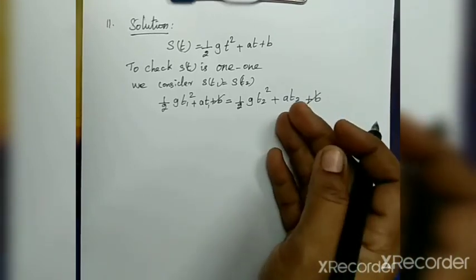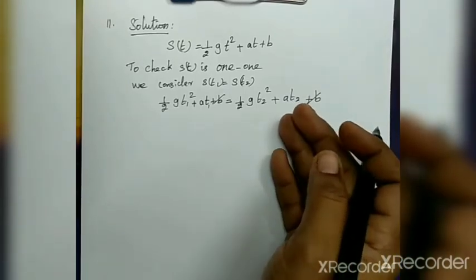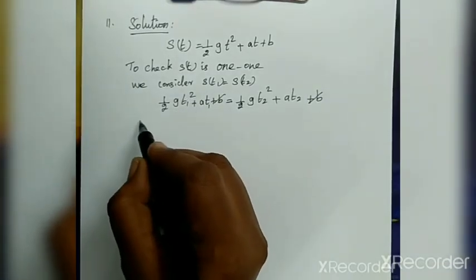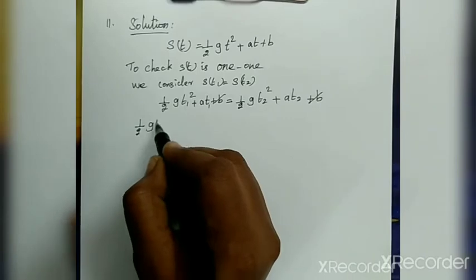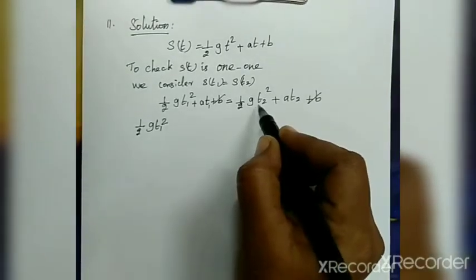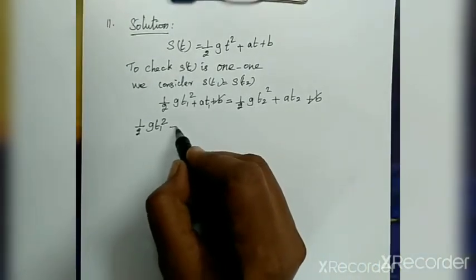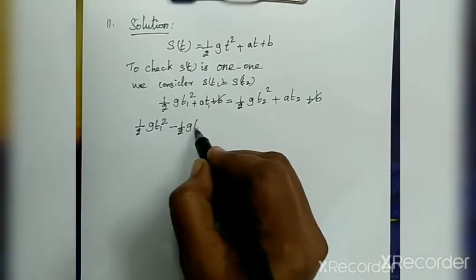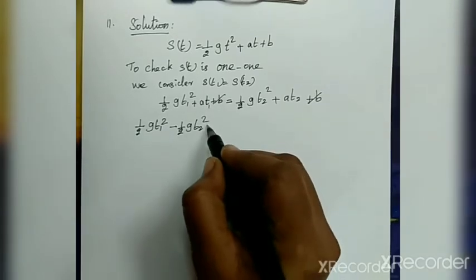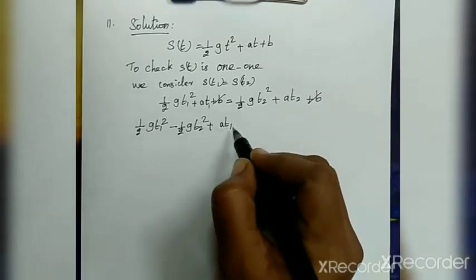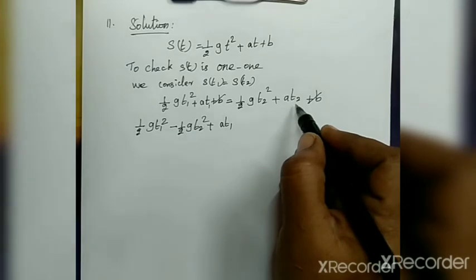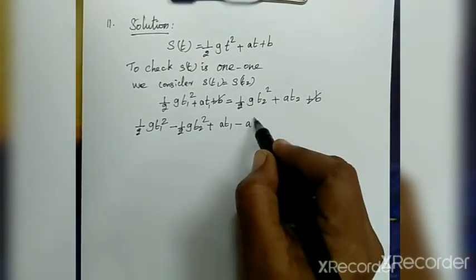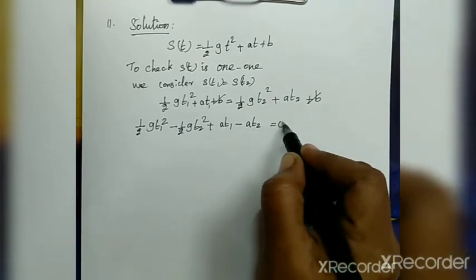So we are going to bring all the t2 values here from this side. It will become half g t1 square. When we bring this to this side, it will become minus half g t2 square. Here it is plus a t1, and when we bring the a t2 here, it will become minus a t2, equal to 0.